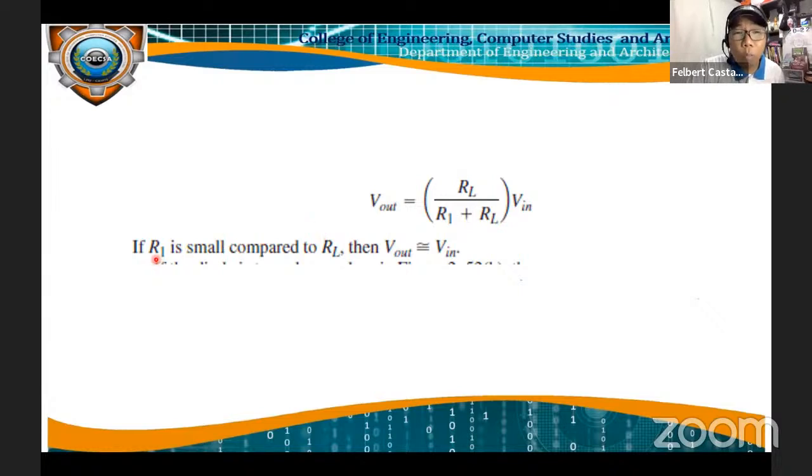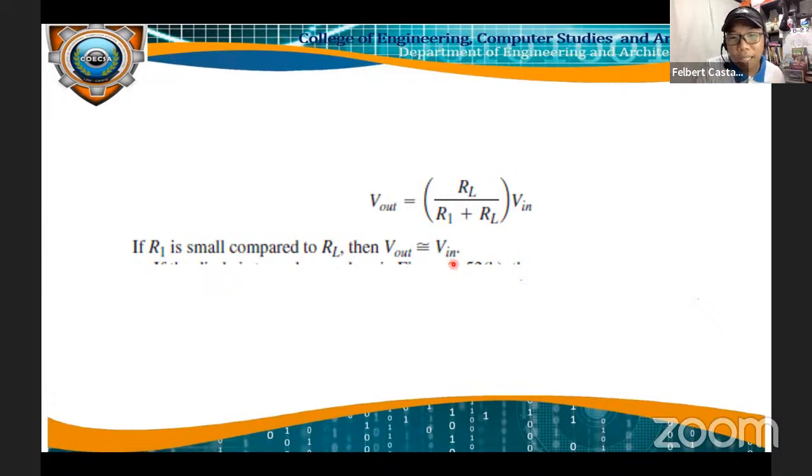Sabi dito, if R sub 1 is small compared to R sub L, then the V out is approximately equal to V in. Kaya nga diba sabi ko, pag ni-remove natin yung RL na yan, tapos i-measure lang natin yung voltage doon sa diode, kasi naka-reverse bias siya, walang current, so the entire voltage is actually the input.